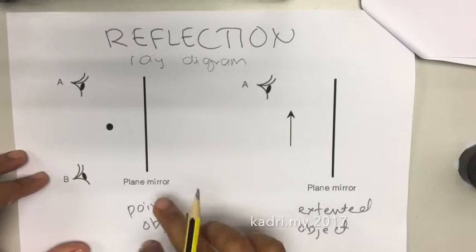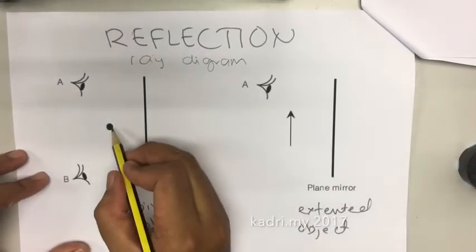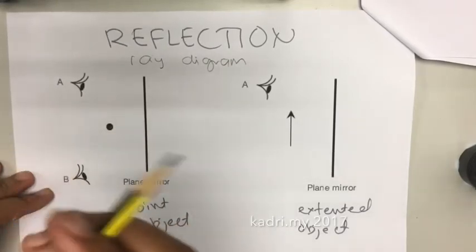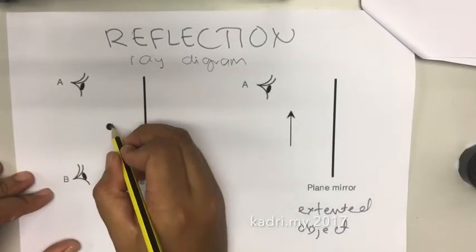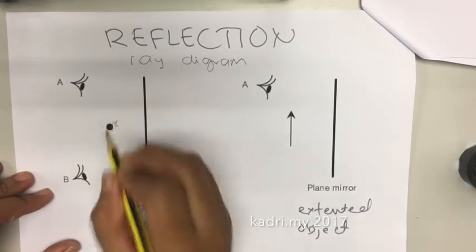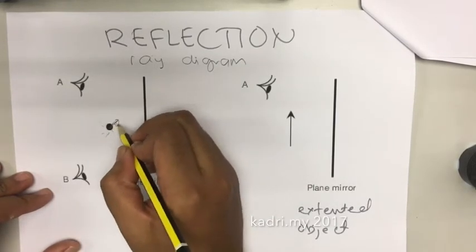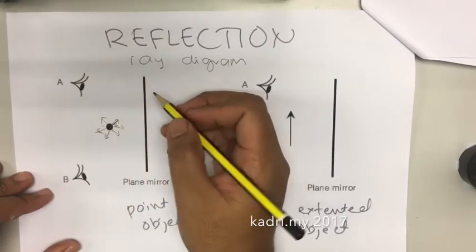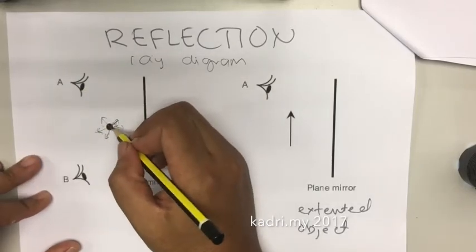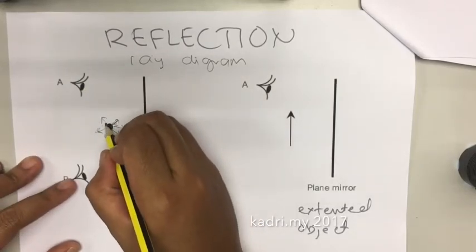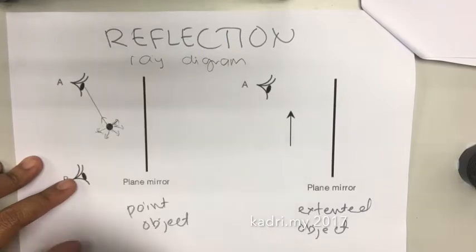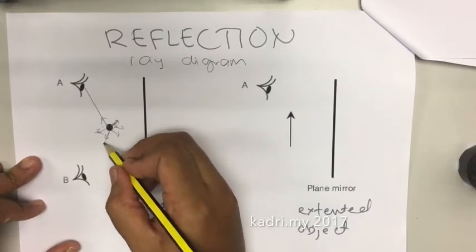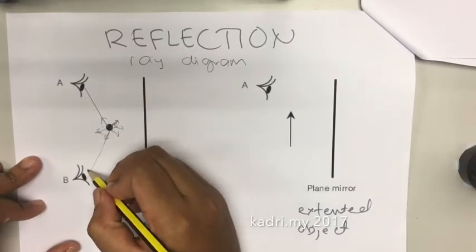First let's consider the point object. For example, there is one object here. We can say this is the tip of a small LED. This LED emits light in all directions, and we see this LED because a part of the light goes directly to our eyes, and then our friend can also see it because a part of the ray also goes directly to this eye.